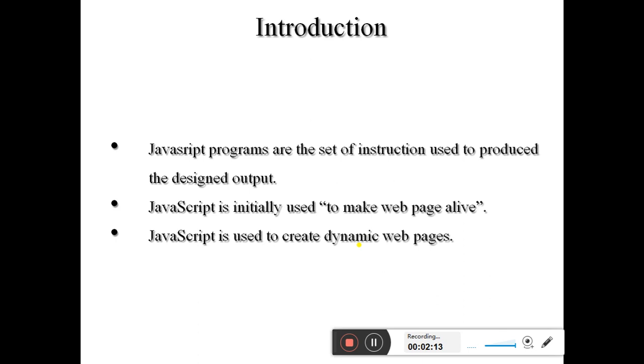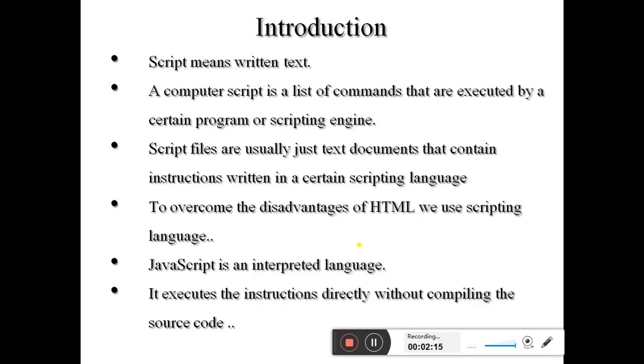So this is all about the script and JavaScript, the introduction of JavaScript. Script means the written text. In computer language, a computer script is a list of commands executed by a certain program or scripting engine. Script files are usually text documents containing instructions written in a certain language.